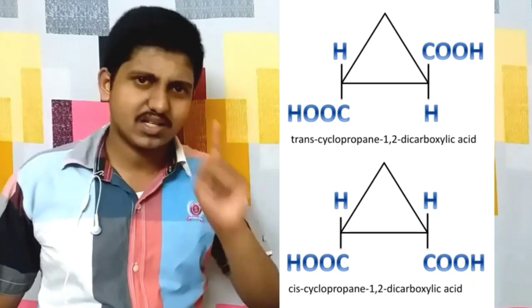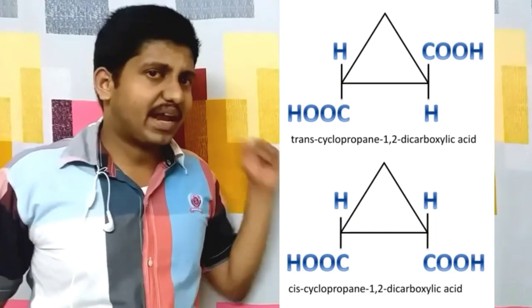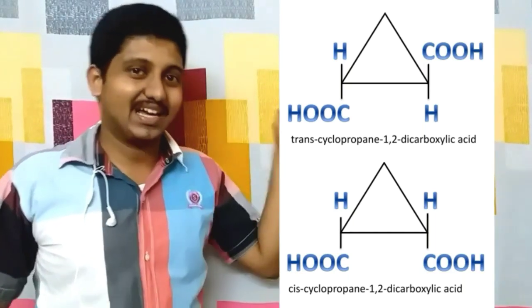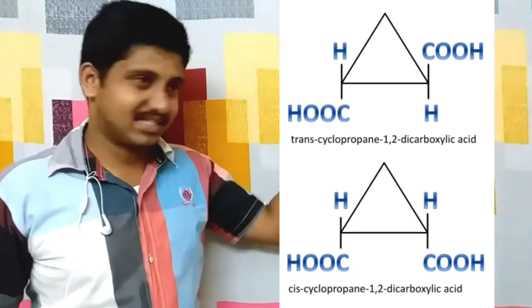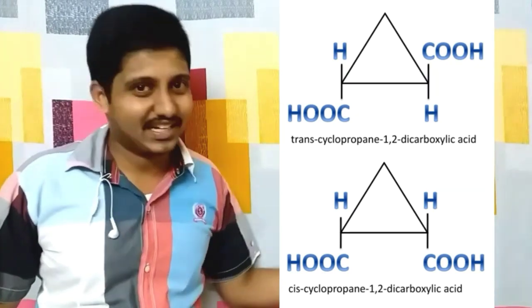Cyclopropane has only one di-substitution, so only 1,2 is possible. We can have the example of cyclopropane 1,2-dicarboxylic acid, and these are the cis and trans forms. In a similar way, we have two possible geometrical isomerisms for cyclopentane also, because we have 1,2 and 1,3.